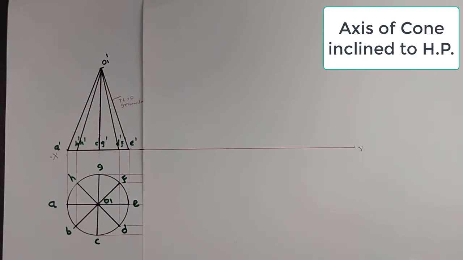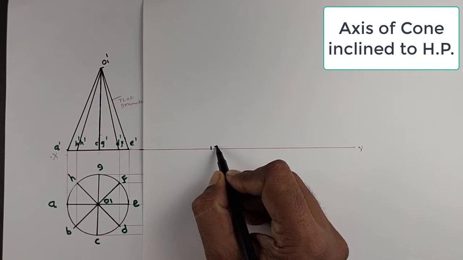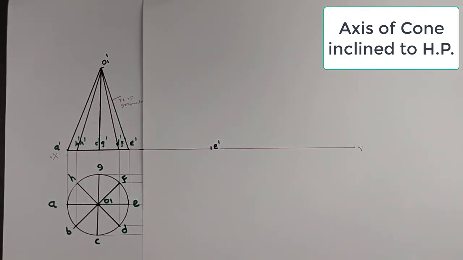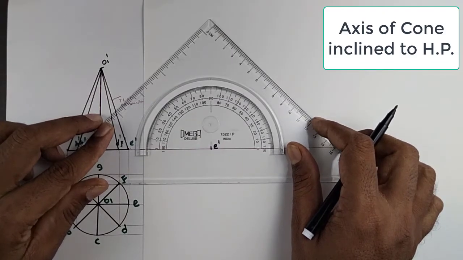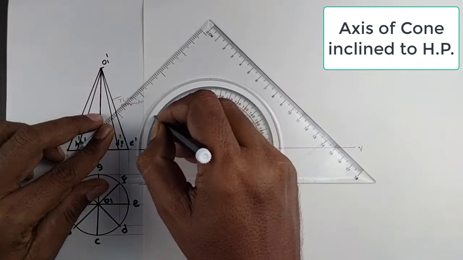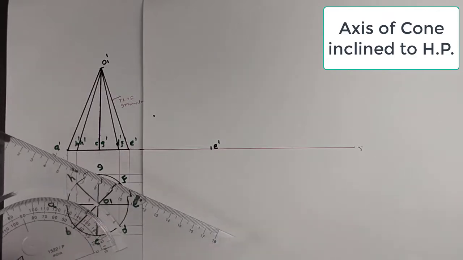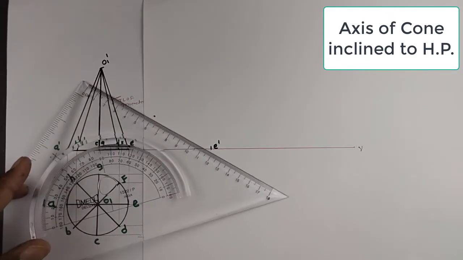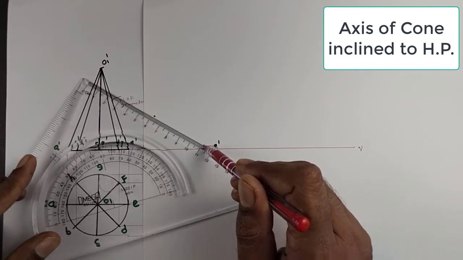So for simplification, what I do is mark the E dash point on the XY line. From E dash, I take the 30 degree inclination of the base and create a light line at 30 degree inclination.